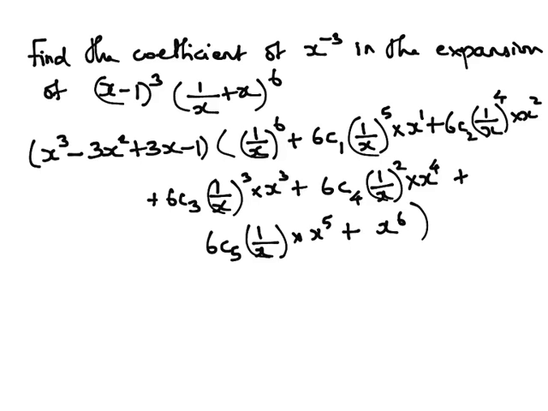So let me simplify it further. The first expansion, that is x cube minus 3x squared plus 3x minus 1, remains the same.